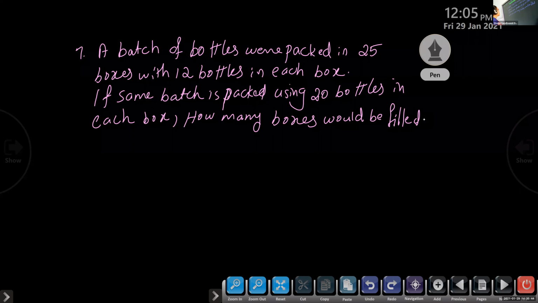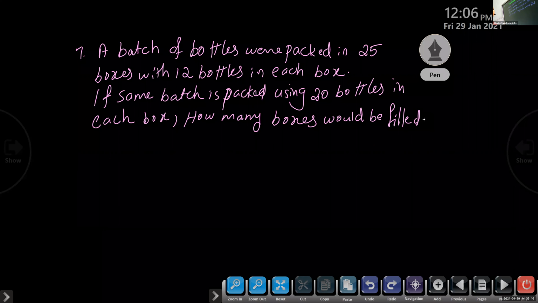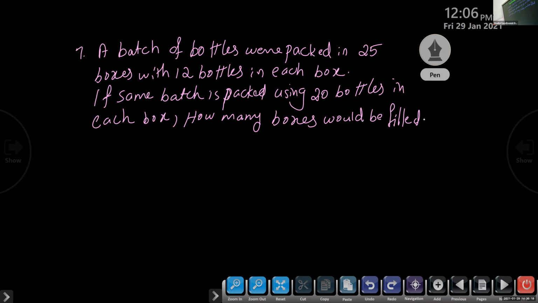A batch of bottles were packed in 25 boxes. We have 25 boxes first, and in each box we are putting 12 bottles. In the next packing, the same batch, we are using 20 bottles in each box. So how many boxes will there be?